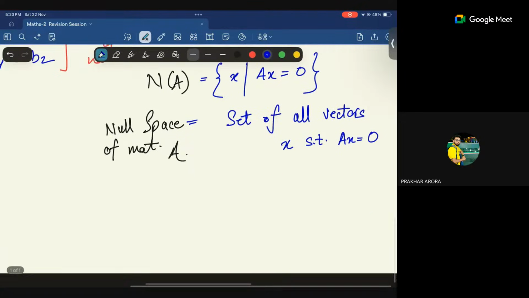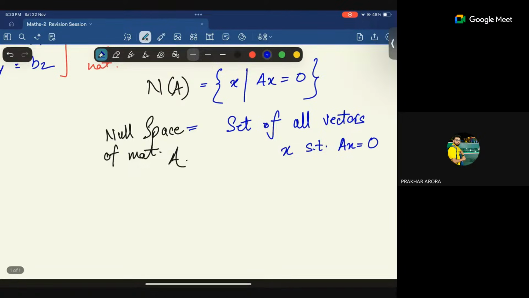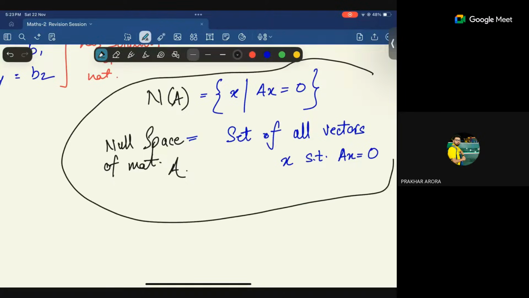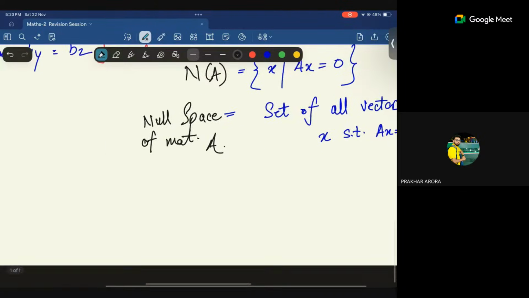One more thing here: keep this definition in mind.